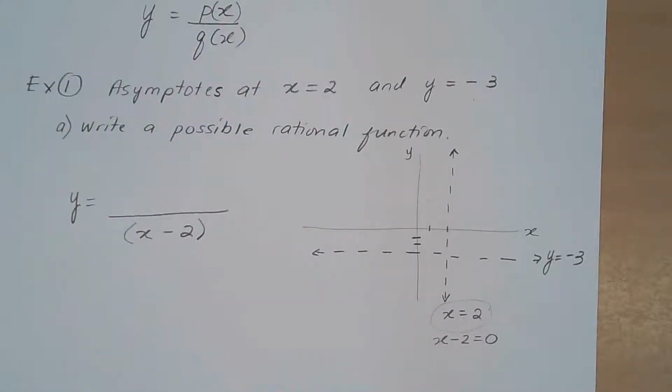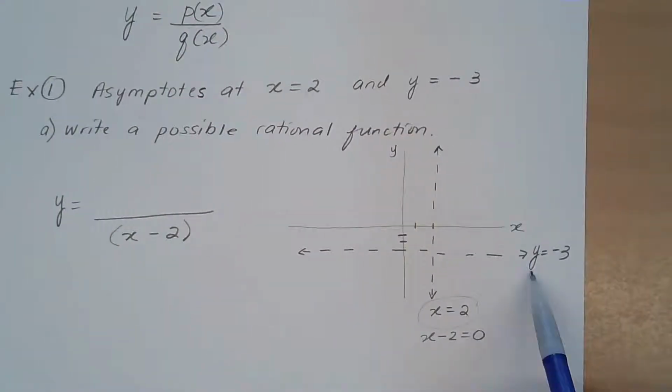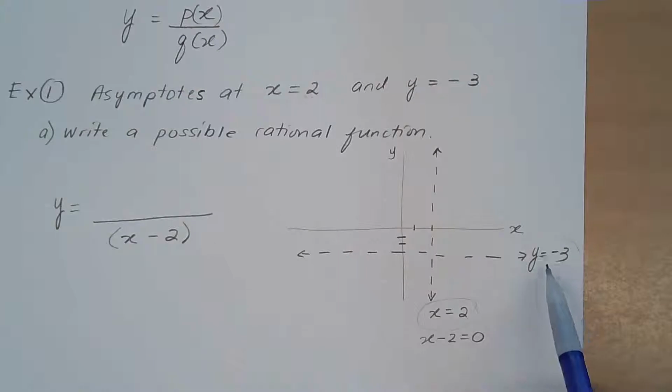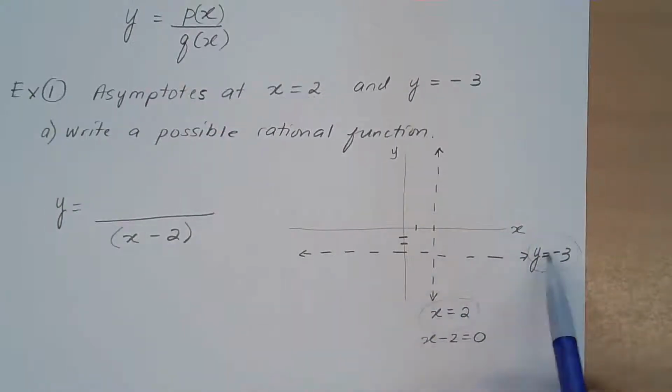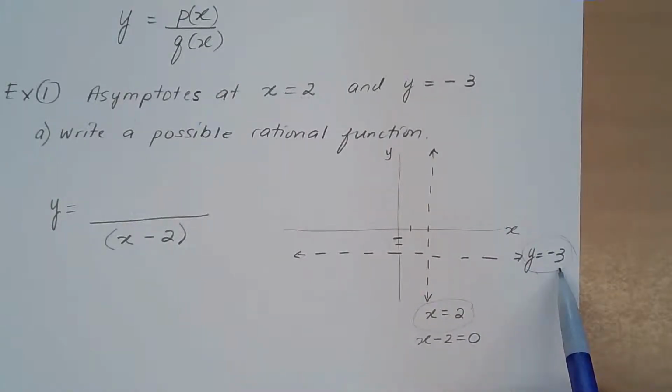Okay, so now what about this? Leave that alone. What about this piece? How can we have a horizontal asymptote at y equals negative 3? When do we get that?